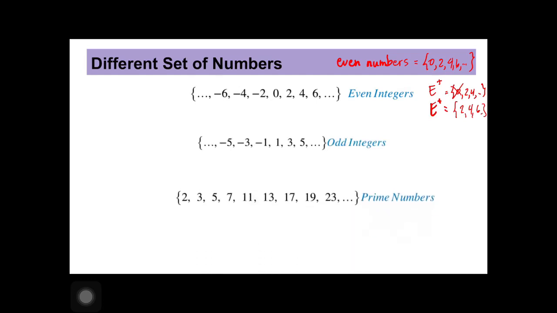Next is the prime numbers. So prime numbers are the numbers that have only 1 and itself as a factor. So in this prime number, number 2 is an even prime number. So it is the only even number that is prime. Correct? Because 2 is just 2 times 1 and nothing more.